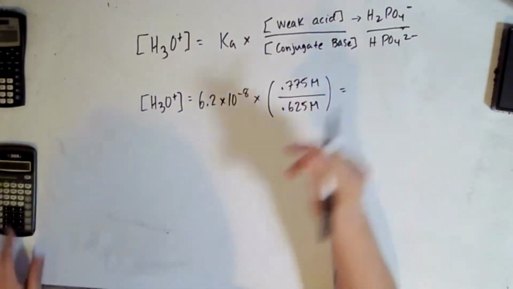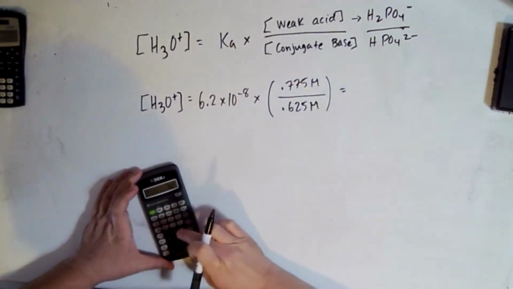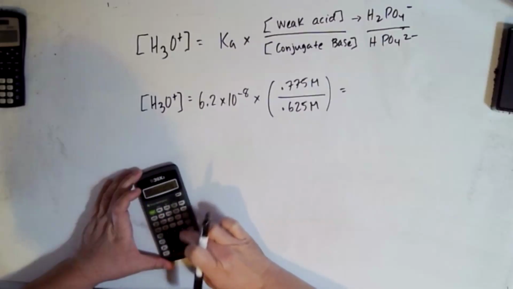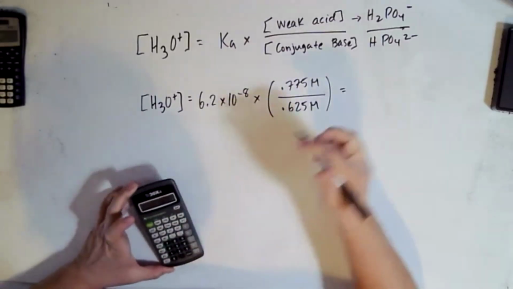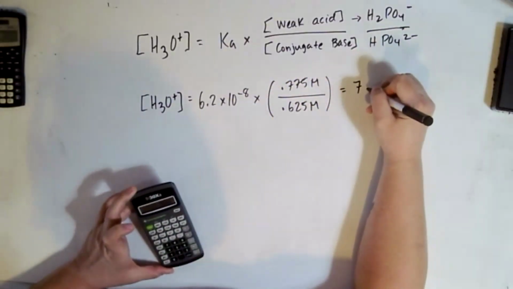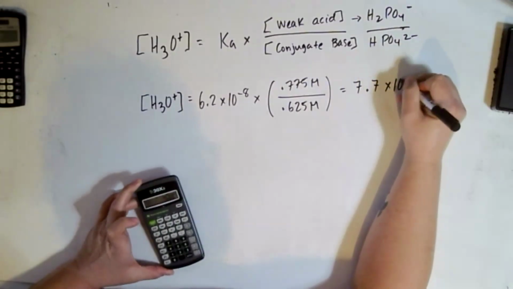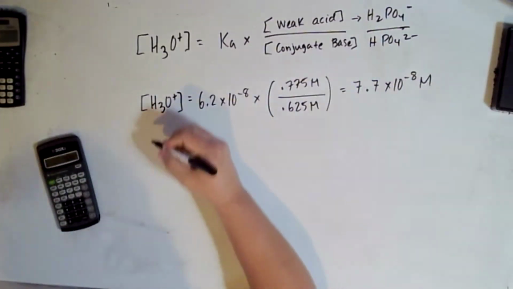And we end up with 7.7 times 10 to the negative 8. That's going to be our hydrogen ion concentration.